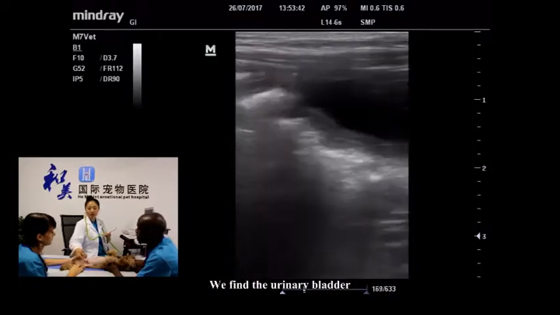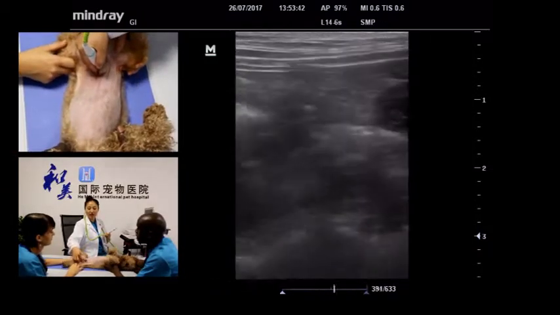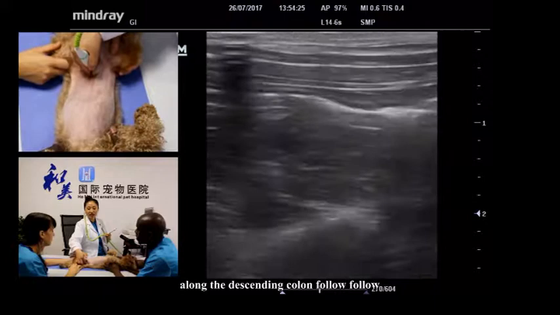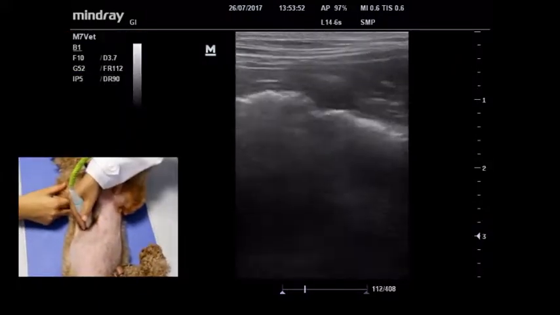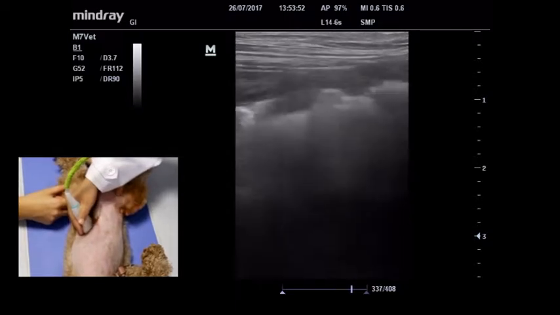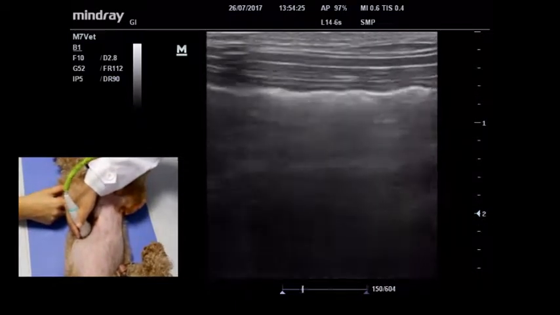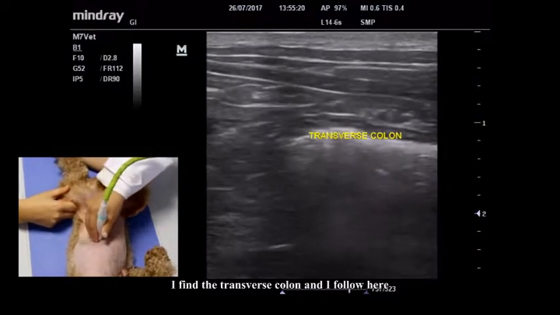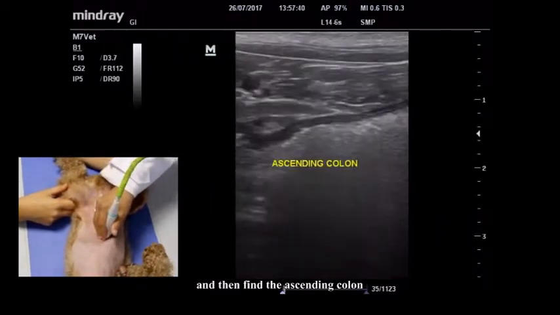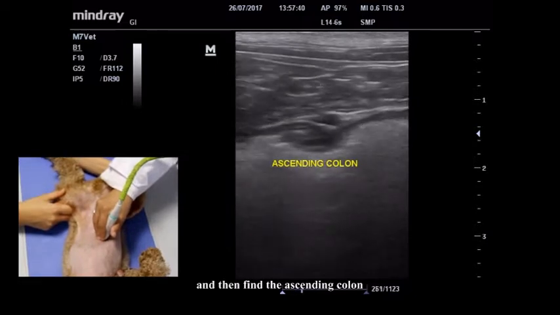We find the urinary bladder, and then find the descending colon, and follow it. I found the transverse colon, I follow here, and then find the ascending colon.